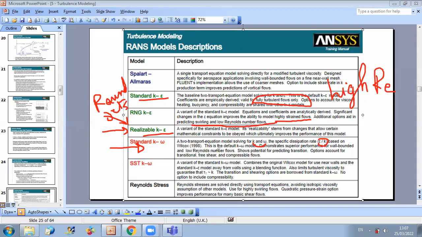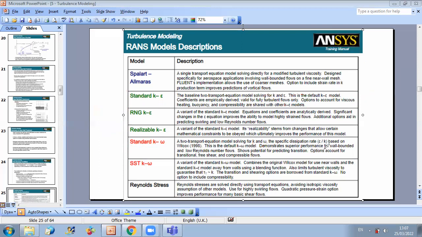based on Wilcox's work. Now, this model has shown superior performance for wall-bounded and low Reynolds number flows, as we mentioned, and it also shows potential to predict the transition between different zones. This model was also shown to have good performance whenever we have free shear and compressible flows.